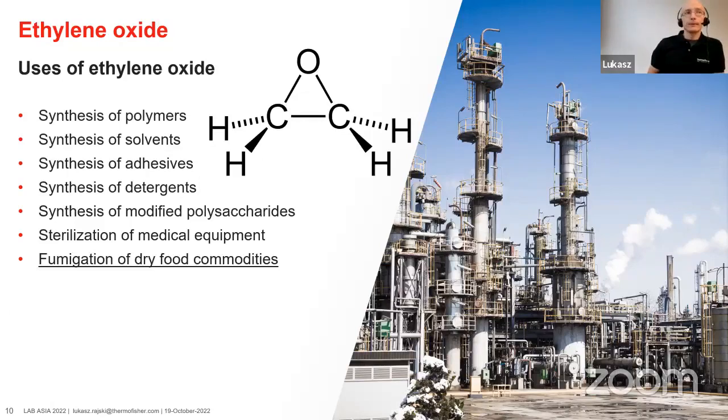However, from our point of view, the most important is that ethylene oxide is used for the fumigation of dry food commodities. We also have to remember that ethylene oxide can have a negative impact on human health. So we have to control the concentration of ethylene oxide in the food.